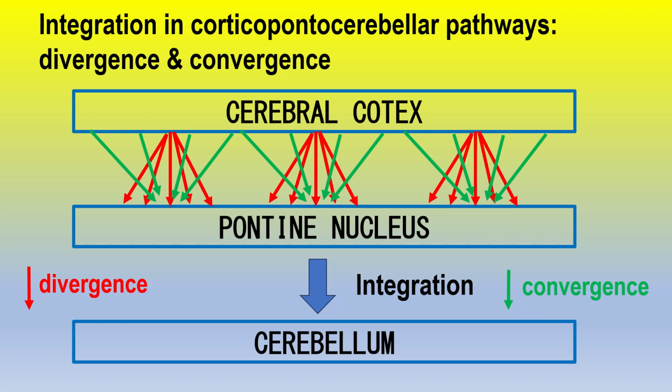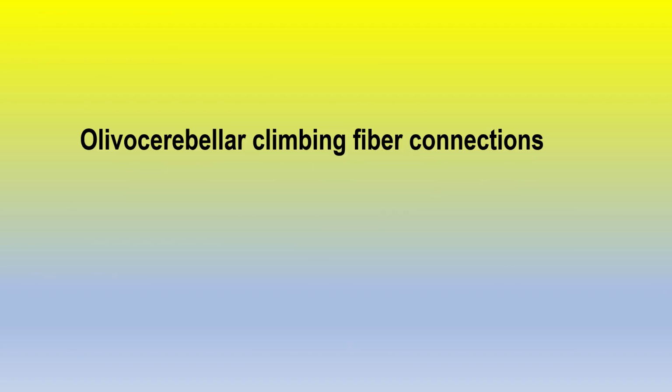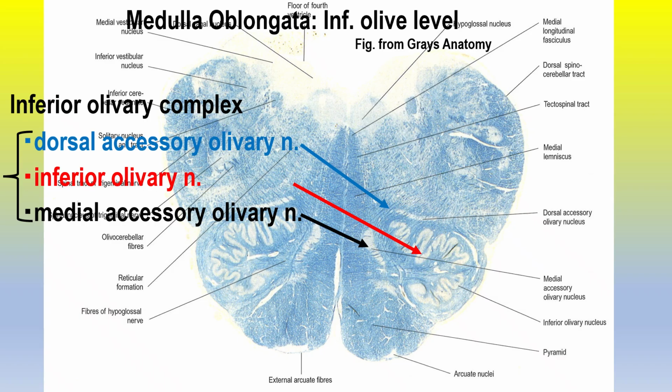Next, we will explain the olivocerebellar climbing fiber connections. The inferior olivocerebellar complex is subdivided into three nuclei.